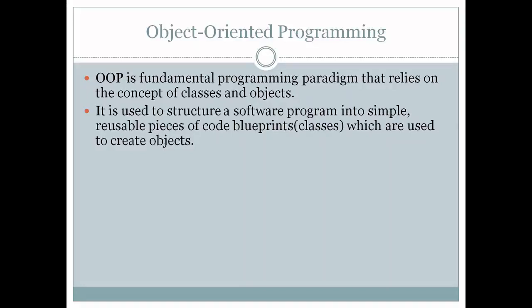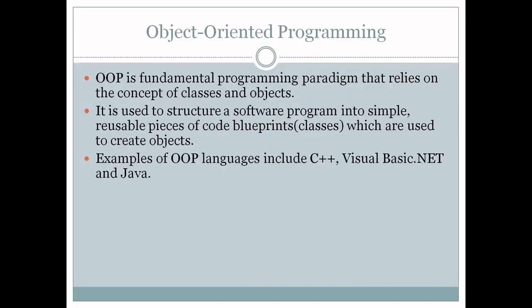That simply means the program is structured in the form of objects. In procedural, the program is structured in the form of procedures. In object oriented, the program is structured in the form of objects. Examples of object oriented programming languages are C++, Visual Basic.NET and Java.